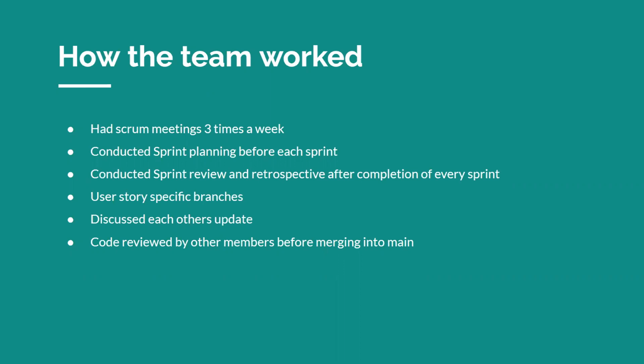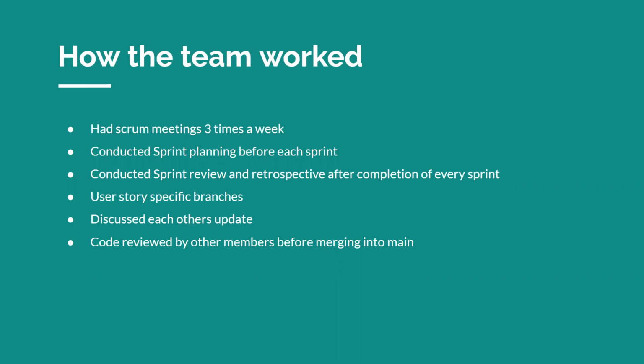Whenever a sprint gets over, we as a team would sit together and discuss how the sprint went and whether we had any issues along the way. If there were any issues, we discussed how we could overcome these and make sure that we do not have the same issues in the following sprints.